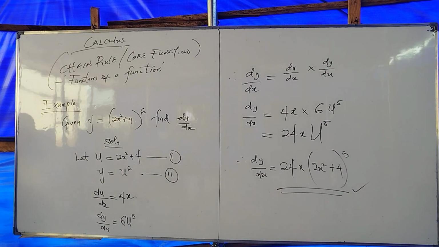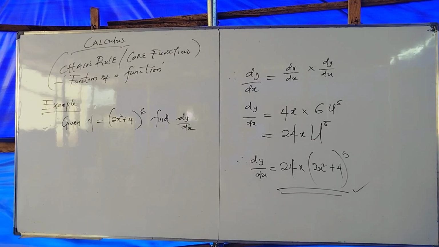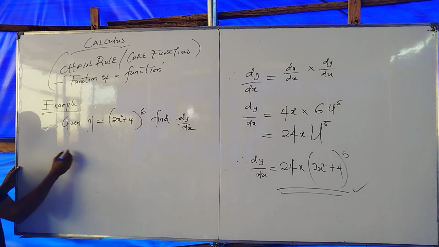But there's another short form for the chain rule. Can I show the short form? Okay. There's a shortcut for this. Please watch.